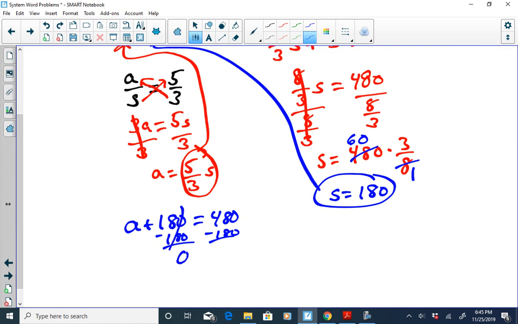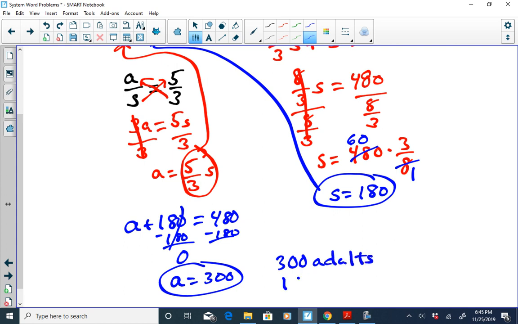That becomes 0, and we get the number of adults is equal to 480 minus 180 is 300. So we have 300 adults, we have 180 students, and we've answered the question, right? So 300 adults attended the concert. And we have 180 students attended the concert as well.